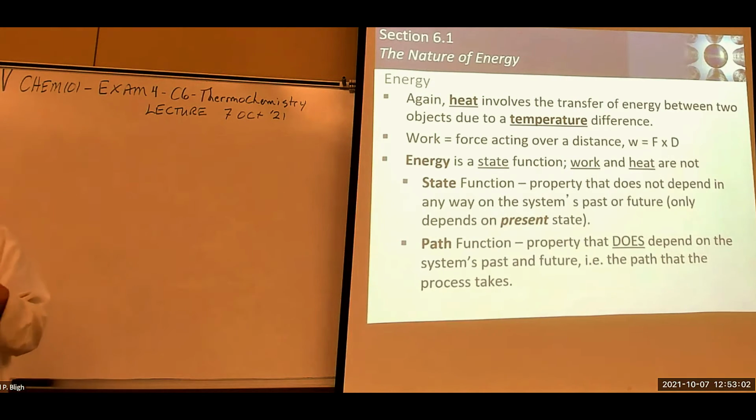Heat is a path function, as an example, whereas total energy is a state function. We're just defining what it is right now. Those are the fundamental differences between those two, state and path.